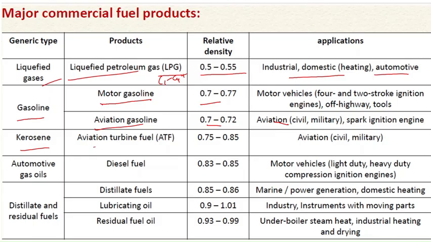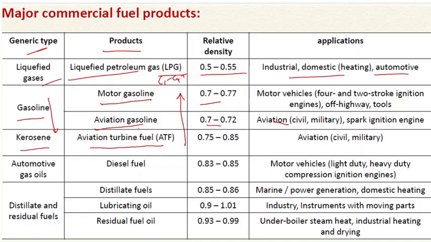Another is kerosene. These are the generic names, and these are the products which we get in the refineries. Generally we know these, and in refineries we know these names.